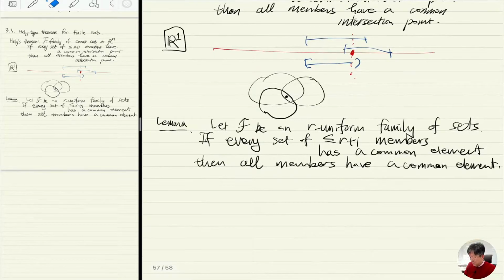So instead of dimension, I'm talking about the size of the set. So I'm talking about uniform families.